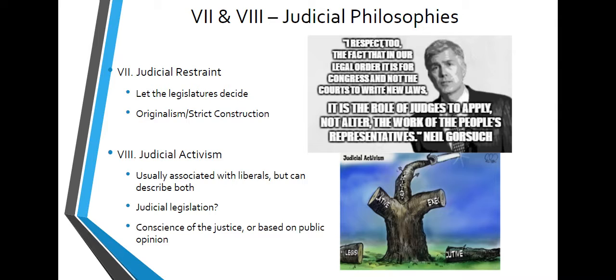So judicial restraint, less likely to use the power of judicial review and less likely to see the court as having a policy-making role. So I'll give you an example of judicial restraint.